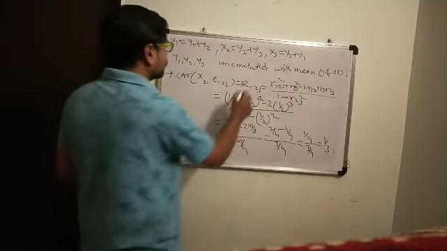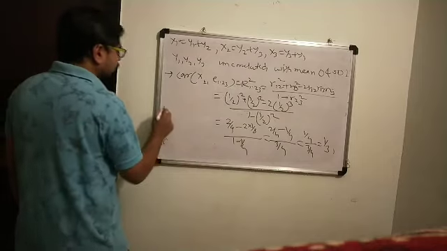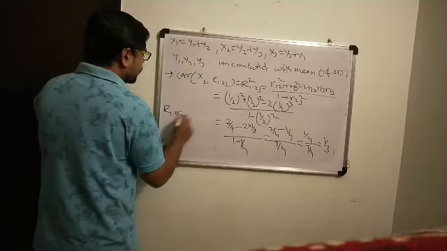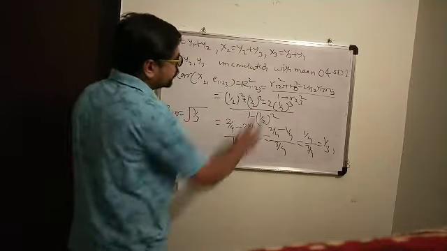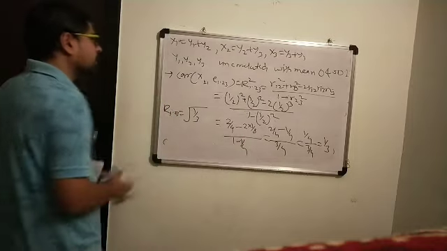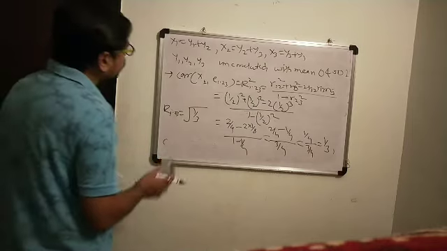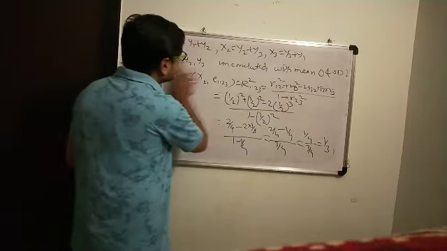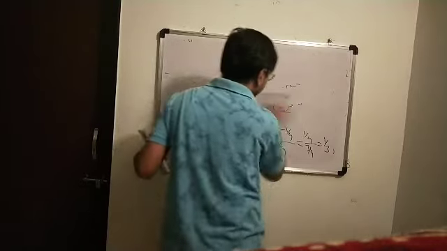So this is a square term. r1.23 is nothing but square root of 1 by 3. This is the expression for the square, not for r1.23. So r1.23 is square root of 1 by 3. We have derived the multiple correlation coefficient.